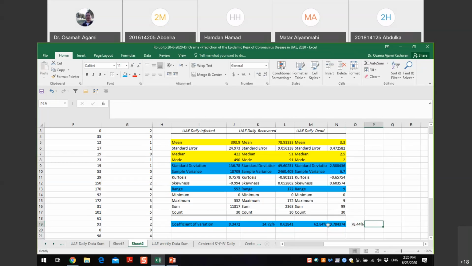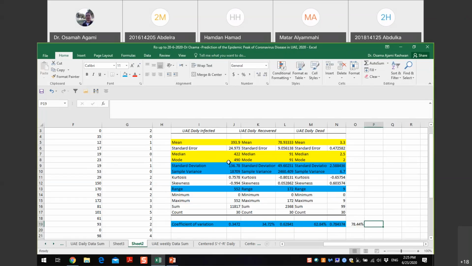The coefficient of variation of the date is bigger, so the variation in the date is higher than the variation in the infected and the recovered, right?